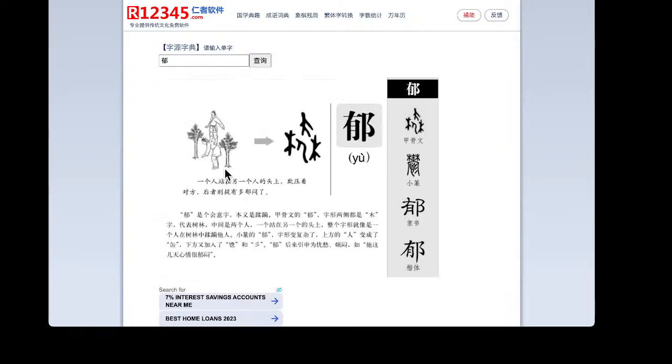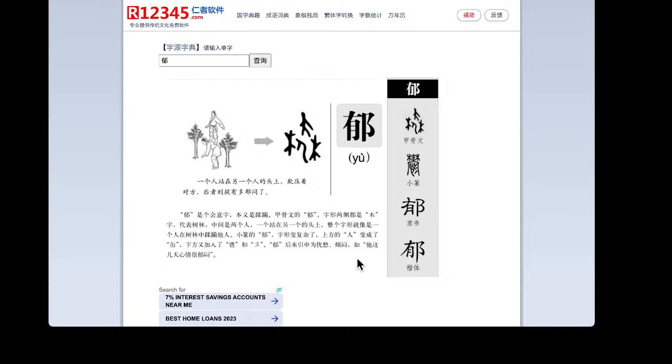Now let's take a look at the characters. In the oracle bones, you can see there are two people there, and then two trees. And one person is standing on top of the other. It looks like a guy is bullying the other guy in the woods.